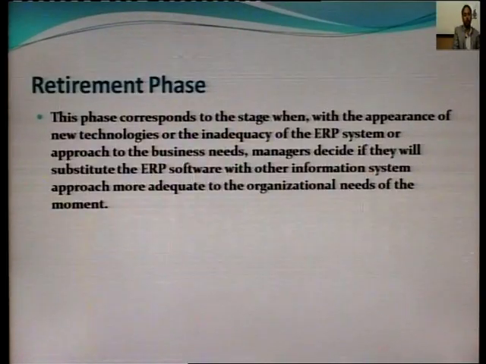Retirement phase. Retirement will occur when there is no use of our ERP system. It will happen 10 to 15 years after the implementation of the ERP system. This phase corresponds to the stage when, because of the appearance of new technology or the inadequacy of the ERP system or approach to the business needs, managers decide if they will substitute the ERP system with another information system, an approach more adequate to the organizational needs of the management.